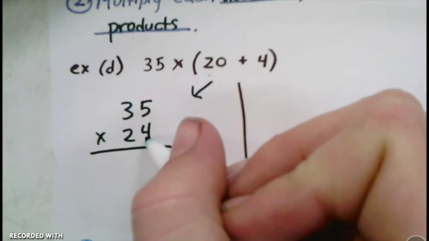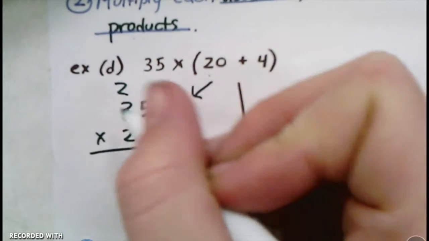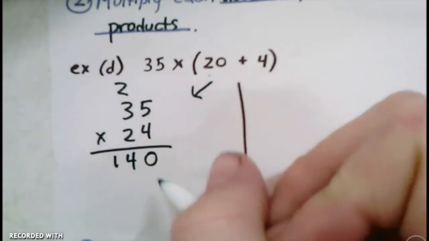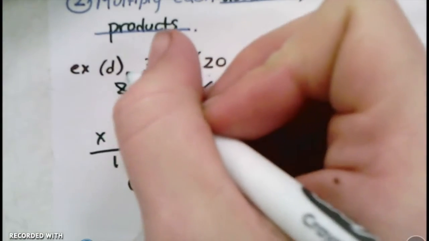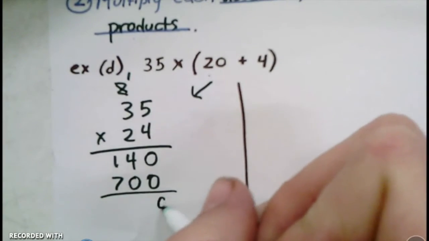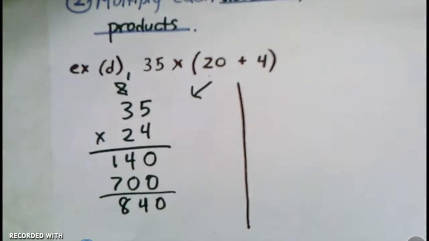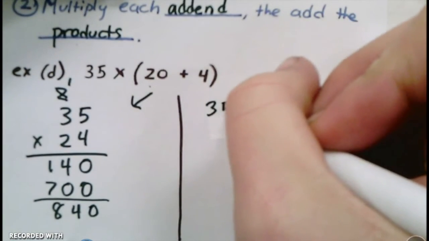So I have 5 times 4 is 20. 3 times 4 is 12, 13, 14. 0 placeholder. 2 times 5 is 10. 2 times 3 is 6, 7, and add 840.